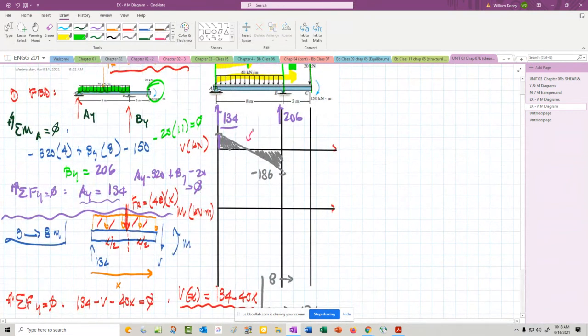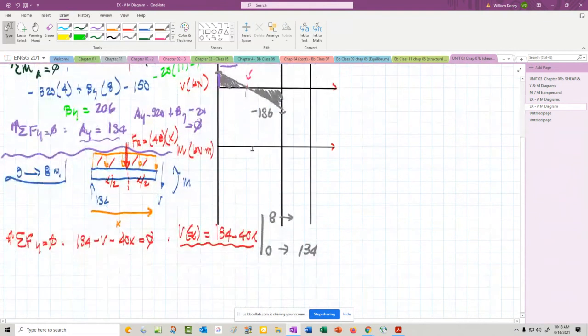Now, how do we find that point where it's going to cross over right there? It's not necessarily in the middle. What we do is take this function and we set the shear equal to 0. If we set the shear equal to 0, that becomes 134 divided by 40.